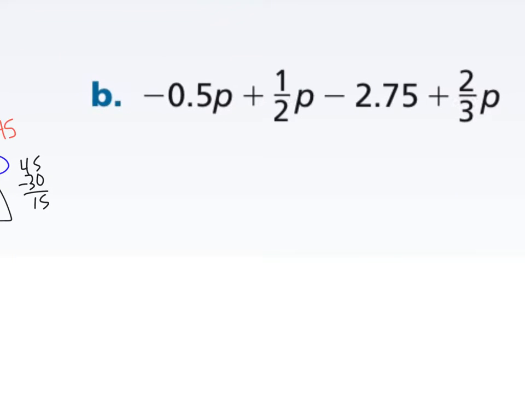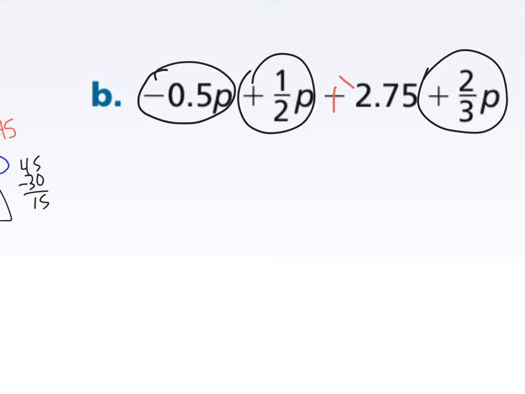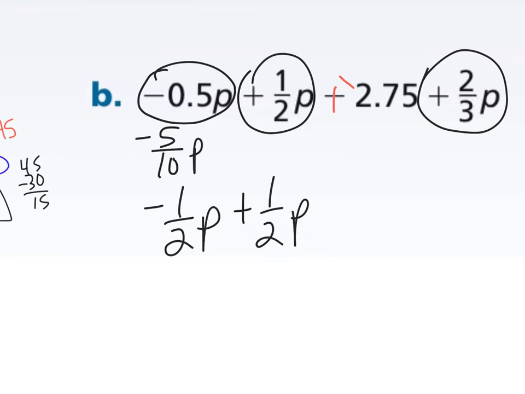Again, we can go ahead and add the opposite anytime they're subtracting. And then we actually have 3 like terms that involve p. So negative 5/10, if you want to rewrite that as a fraction, that's the same as negative 1/2 p, plus 1/2 p, plus 2/3 p.